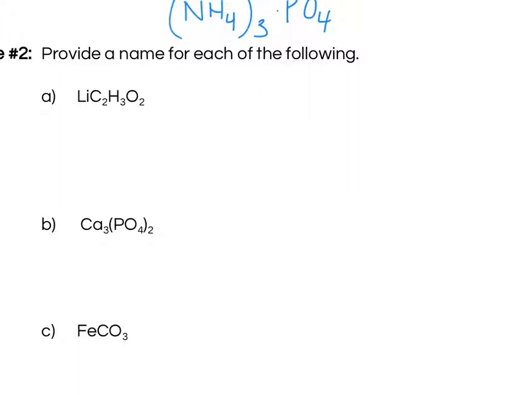And so next, I still can't forget about all my other nomenclature rules, which is to take a look at my lithium and see if it's monovalent or multivalent. Now, it turns out that lithium is in my group 1, my alkali metals, and so it will have a positive 1 charge only. So in that case, I don't need to bother with my Roman numerals. I don't need to bother with Latin names. I can just straight up call this lithium. And since my polyatomic here is acetate, it's just lithium acetate.